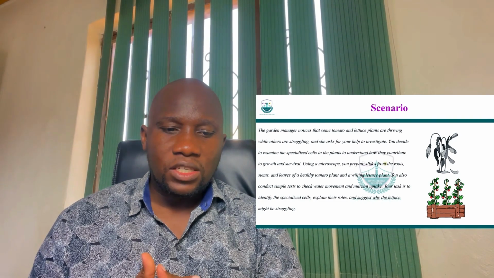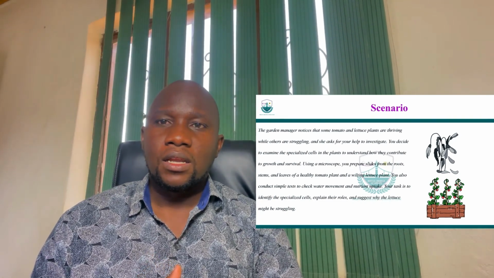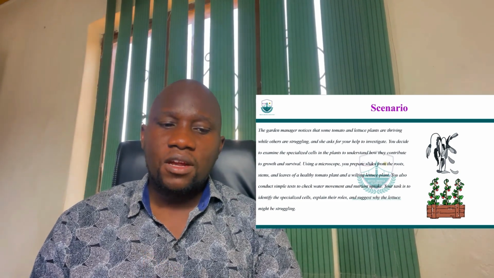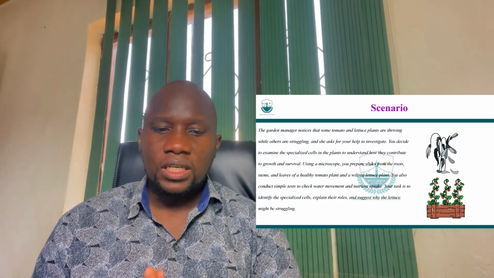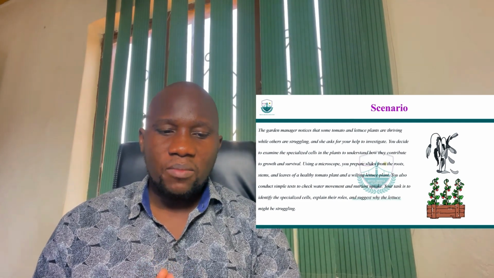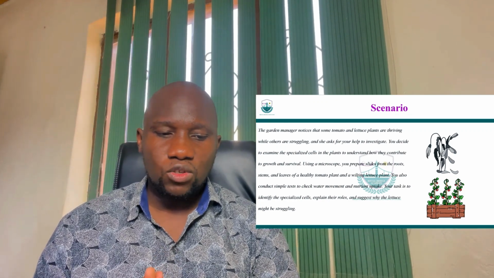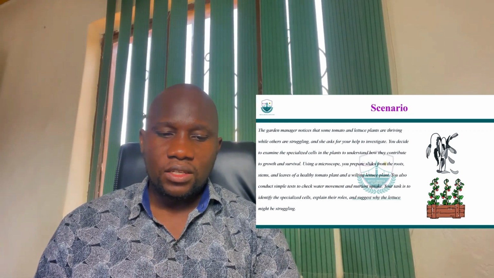A garden manager notices that some tomato and lettuce plants are thriving while others are struggling, and she asks for your help to investigate. You decide to examine the specialized cells in the plants to understand how they contribute to growth and survival.